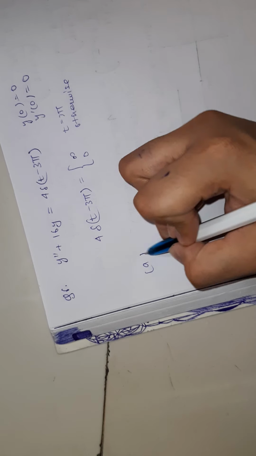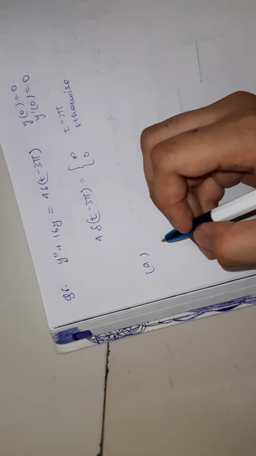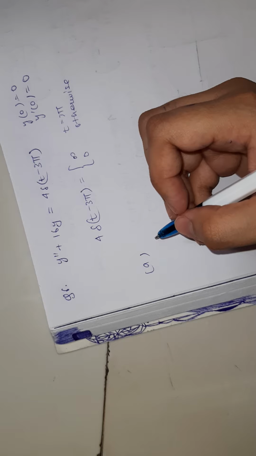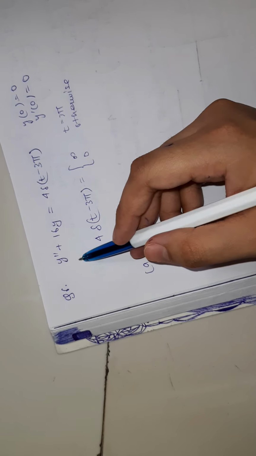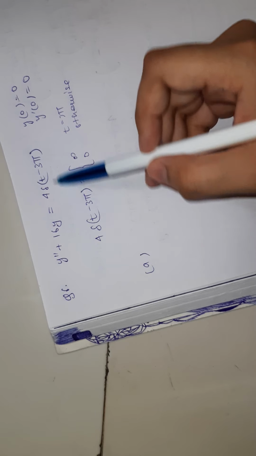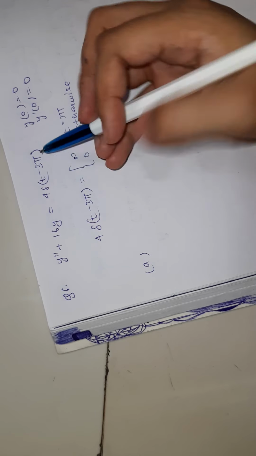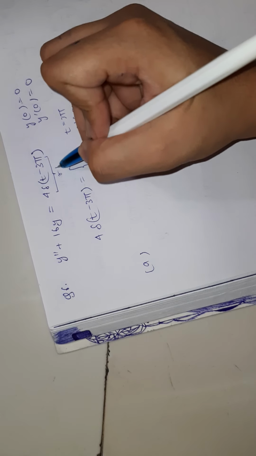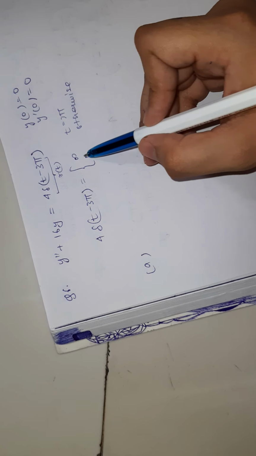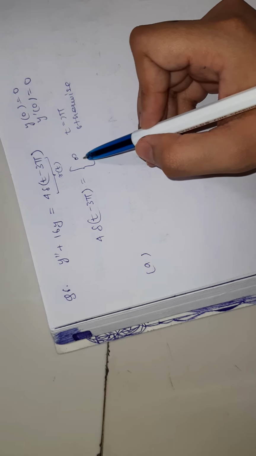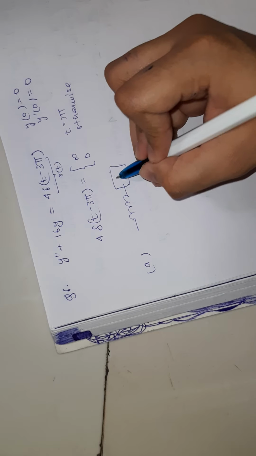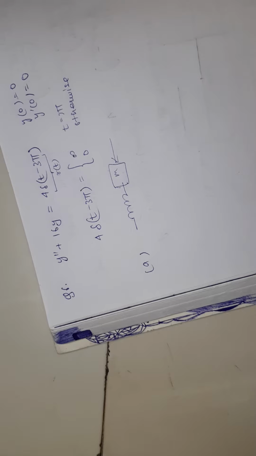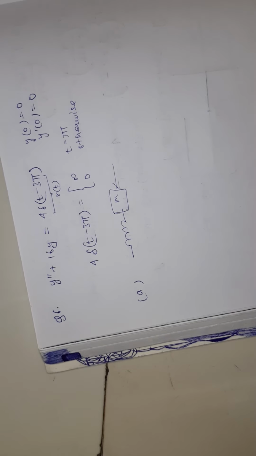The first part of the question asks us to define what kind of real life phenomena is captured by the delta function if this ODE represents a mass spring system. If this represents a mass spring system, this is the external force, that is the r(t), that is applied. And since it's a delta function, it just behaves like an impulse that acts on the mass. Like if this is your spring, this is your mass, for a very, very short period of time a high amount of force is applied, and that's called an impulse.